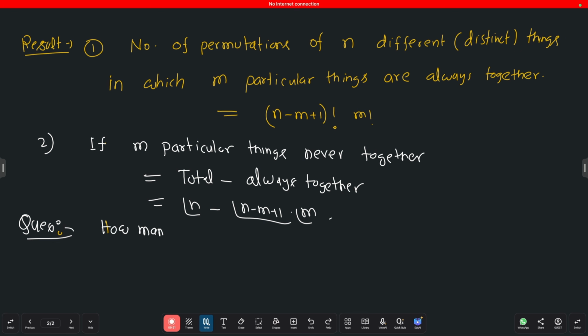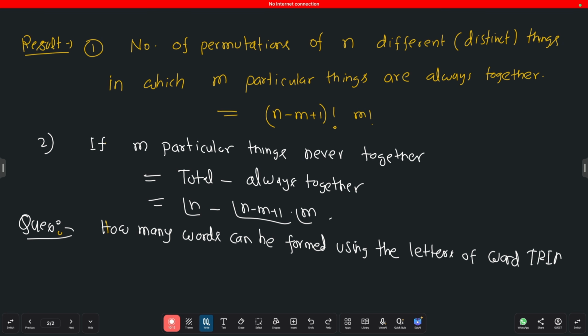How many words can be formed using the letters of the word triangle? Triangle: T-R-I-A-N-G-L-E.